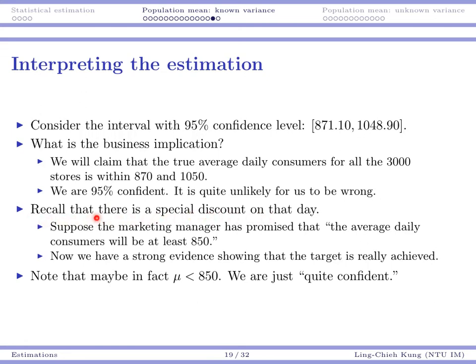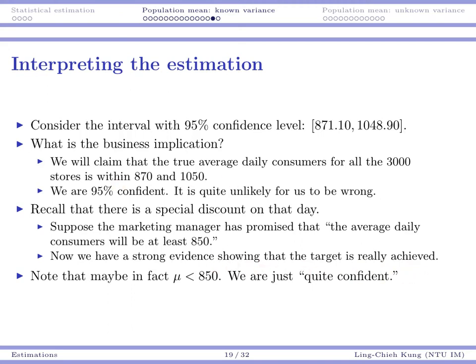Now, recall that there is a special discount on that day. And suppose before the discount was offered, our marketing manager has promised that the average daily consumers will be at least 850. Then we have a very strong confidence to show that the target is really achieved.